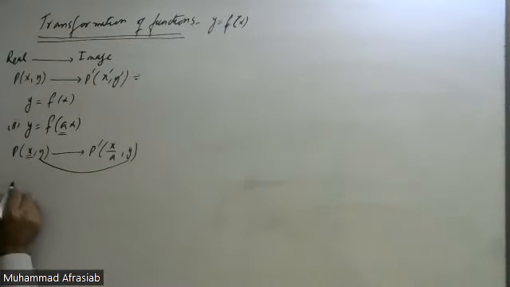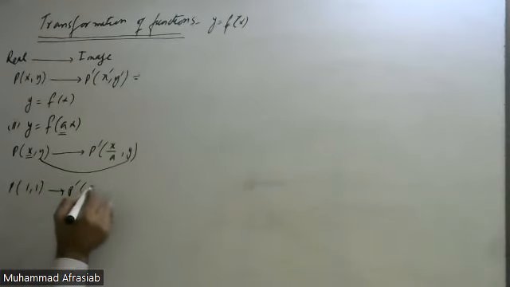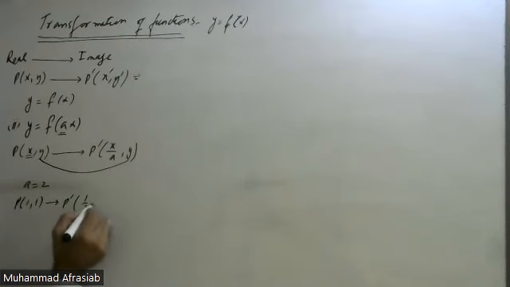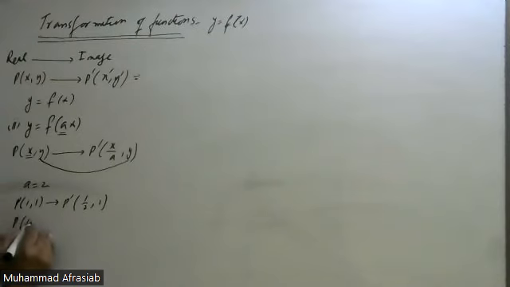Suppose we have the point (1, 1), then the image of this point, if a is equal to 2, will become (1/2, 1). Or if the point is (4, 2), the point will become (2, 2).